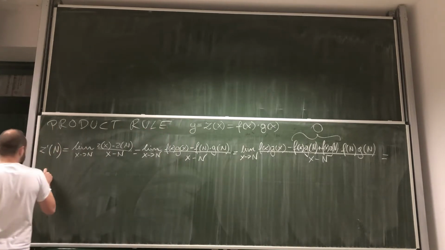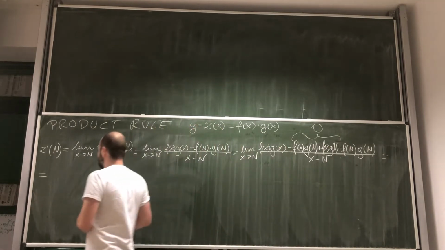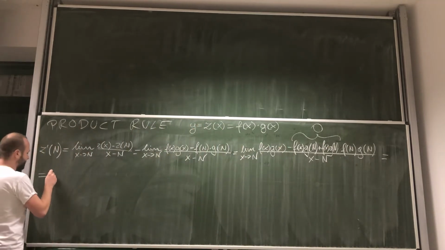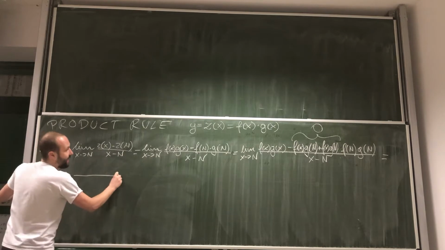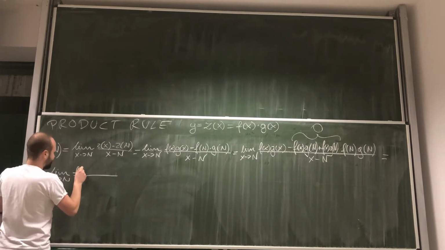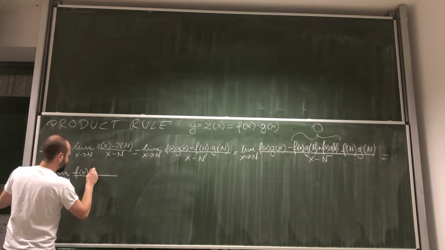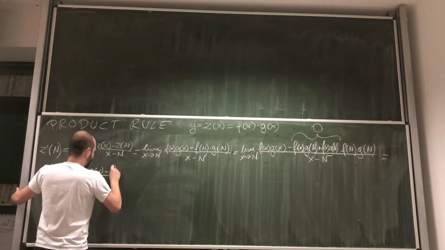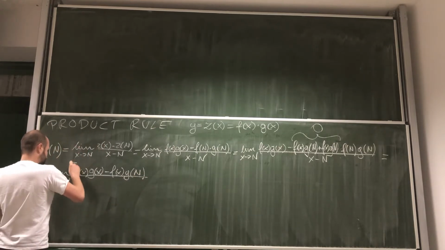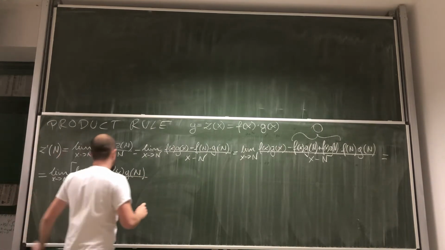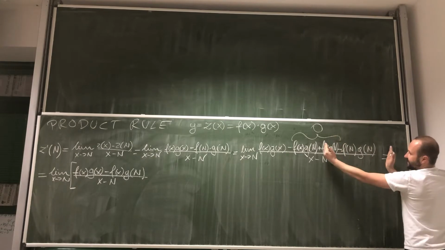And so first, let me divide this into two separate fractions. So we will have that this is the limit with x approaching n of f of x times g of x minus f of x times g of n over x minus n, and over here we will have a separate fraction, right?